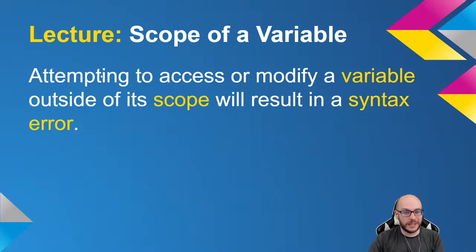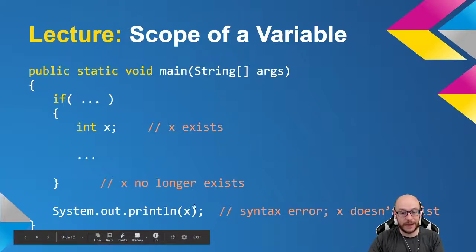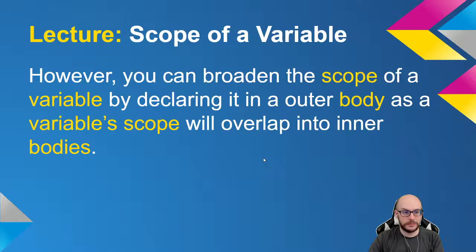Okay, if we attempt to access or modify a variable outside of its scope, that will result in a syntax error. Because x is declared inside of this if statement and stops existing whenever the if statement stops, if I try to access x outside of that body, it doesn't exist. Right? X exists inside of this scope, inside of the scope of the if statement. That's what we're talking about here.